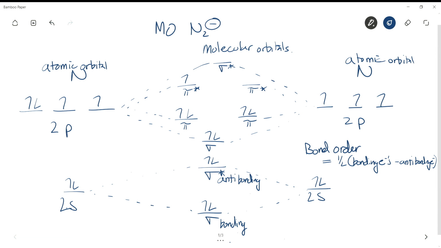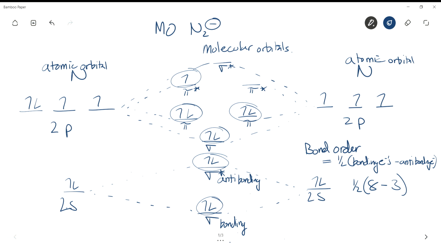To calculate it, we have to count how many bonding: 2, 4, 6, 8. So 1/2 times 8 minus, now we have to count how many anti-bonding: 2, 3. Minus 3. And so we do the calculation, 1/2 times 5, and bond order equals 2.5.